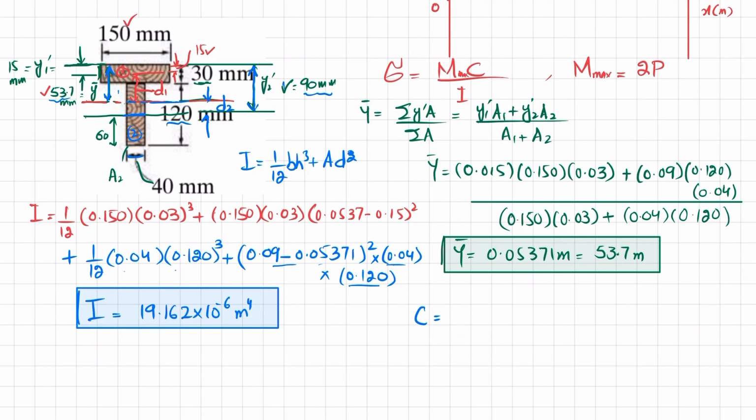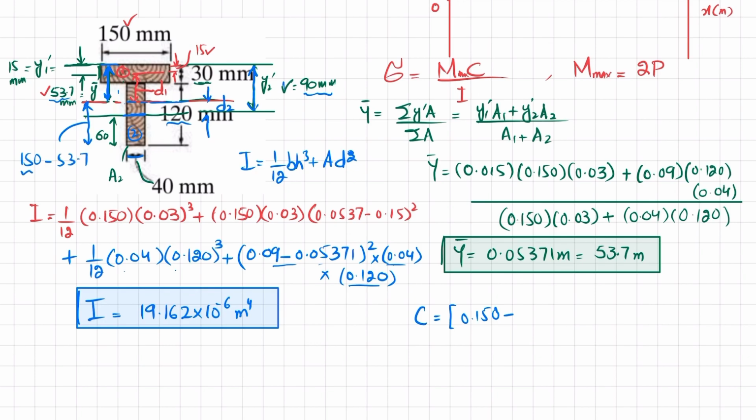So I will write C is equal to total distance, which is 150 millimeter, 0.150 minus the distance of the neutral axis from the top, which will give you this distance. It will be equal to 150 millimeter minus 53.7. Clear?